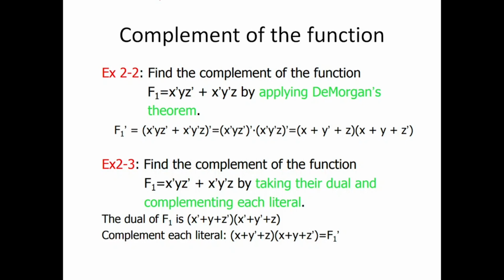So complement can be found with the help of De Morgan's theorem. We have to apply De Morgan's theorem so that we can find the complement value. See here is the example problem. It is F1 is equal to x' y z' plus x' y' z. Finding the complement is taking the complement on both sides.